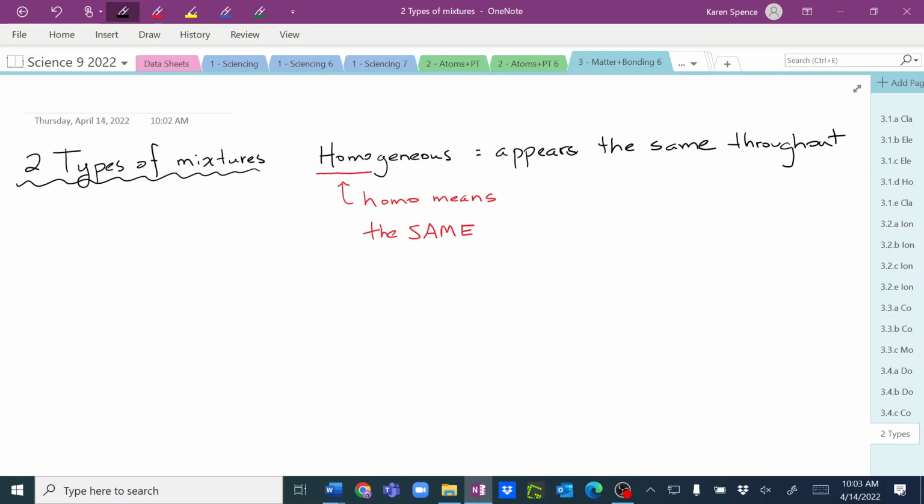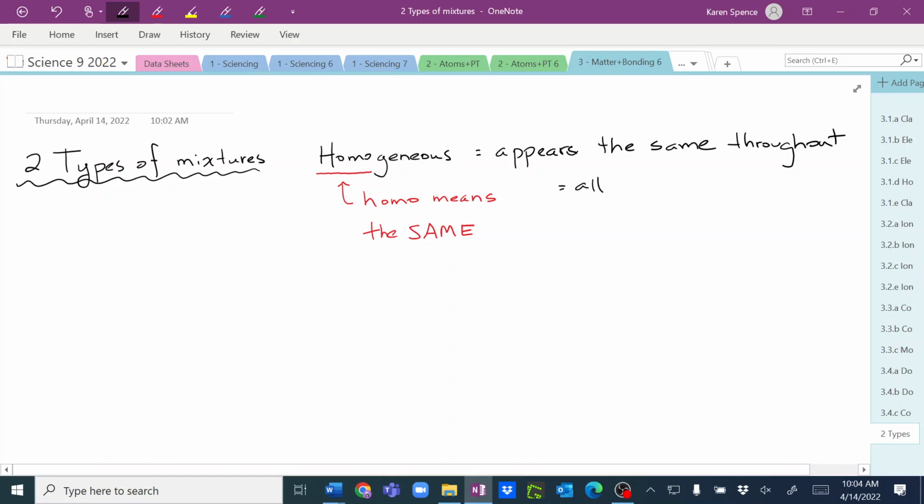If you have salt water, which is a homogeneous mixture, can you find different areas of the salt water that look different from one another? No, all the salt water looks the same.